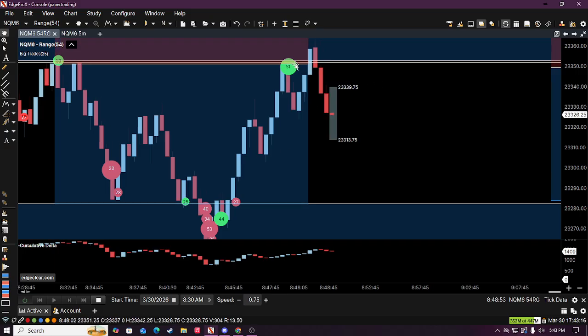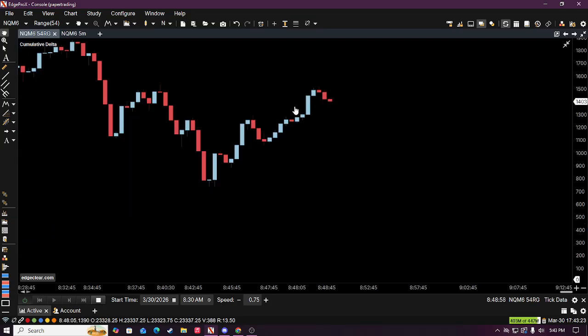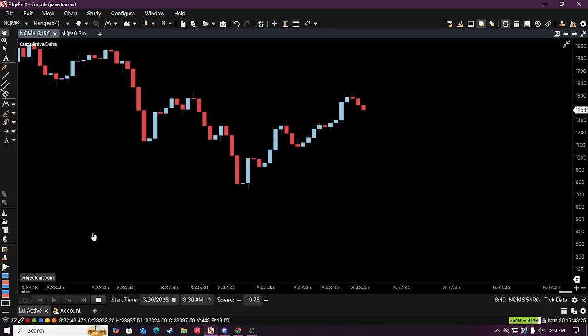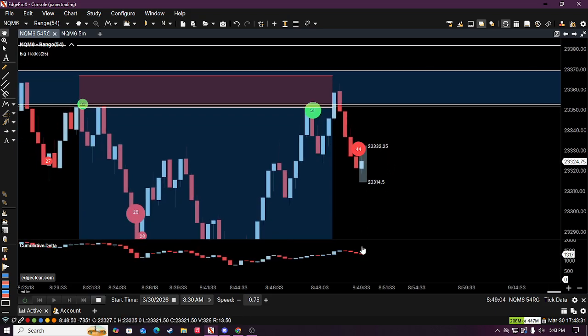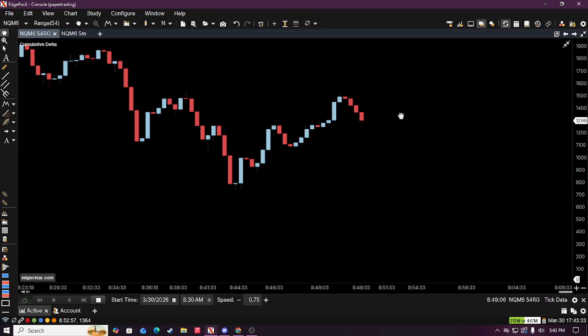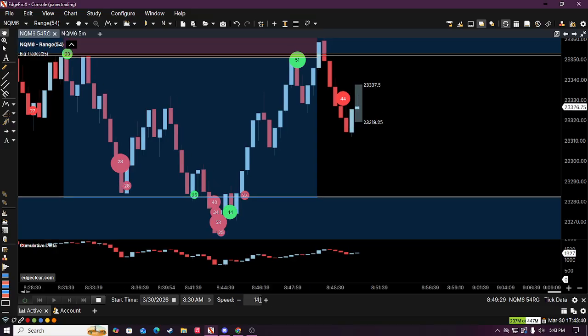So again, we have trap buying here, but I don't trust this one a lot because if we watch the cumulative, the CVD, we can see that yes, we have aggressive selling, especially here, but not that much. So I'm expecting a reversal here at some point.